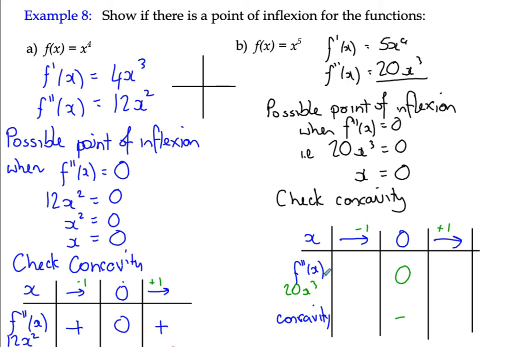But for negative 1 this time, because it's x cubed, negative 1 cubed is negative 1 times 20 is negative 20, so we've got a negative second derivative, which means it's concave down. And when x is positive 1, x cubed is positive 1 times 20 means we've got positive 20 as our value. I'm not interested in your numerical value, just in the sign, which means that that's concave up.